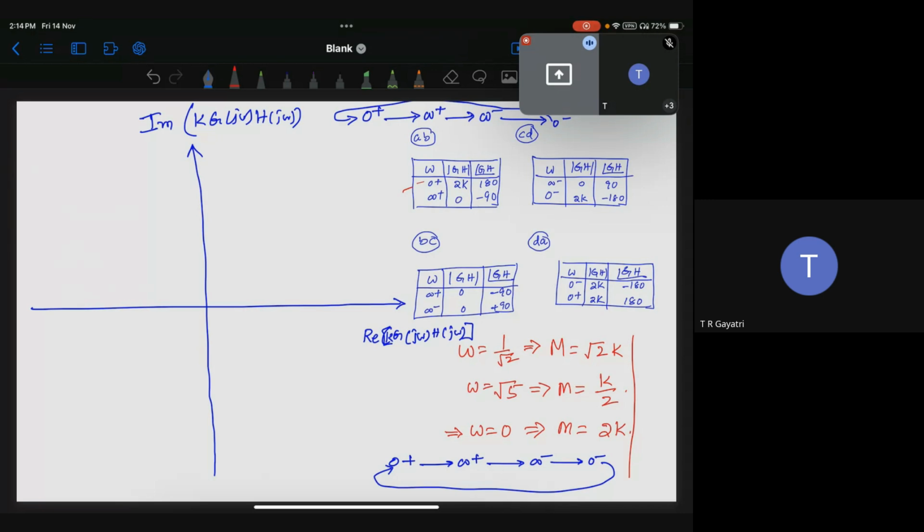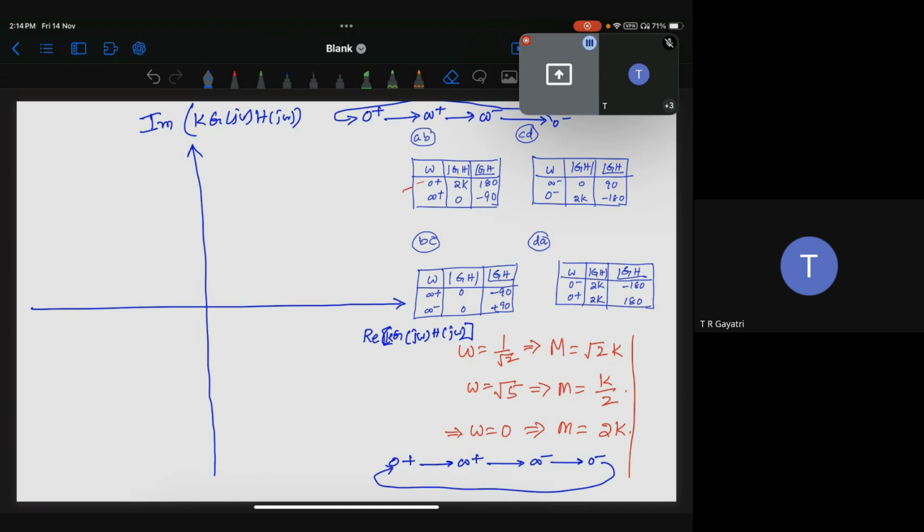When omega is equal to 0 plus, what is the value? 2K. So this is somewhere here. You can check one by one and you'll understand it. This is where we have -1 plus J0, which we'll consider at the ending.